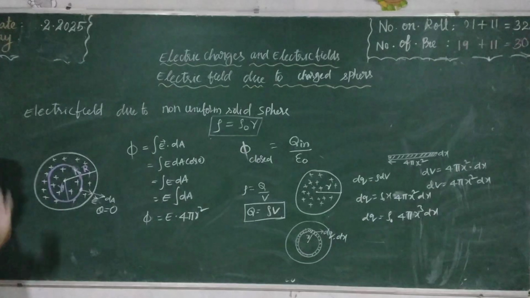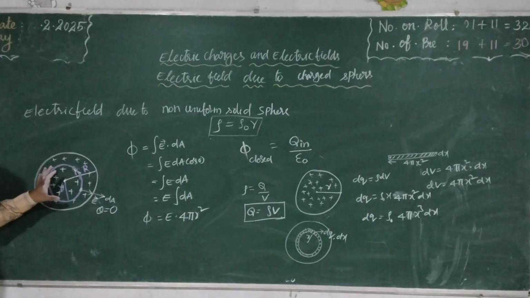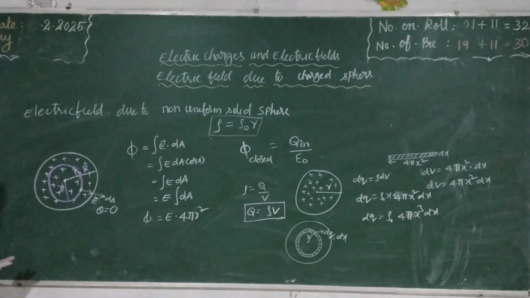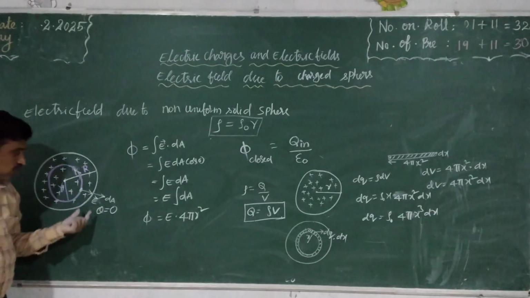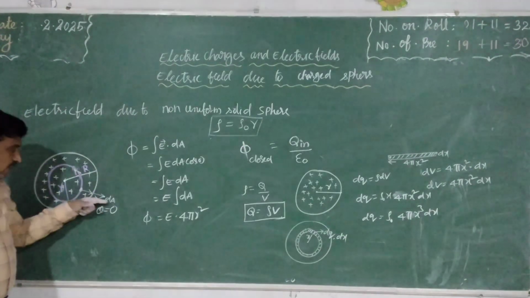In this one, I draw the Gaussian surface inside, at a distance from the center. What is the flux through this Gaussian surface? I find out. The electric field vector is outwards and the area vector is outwards.